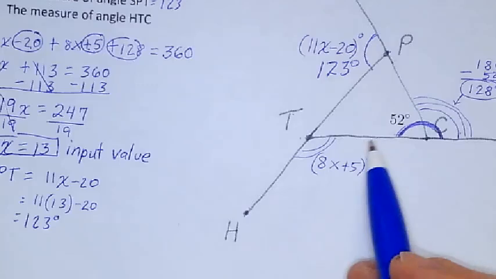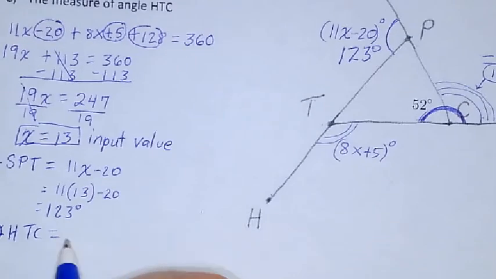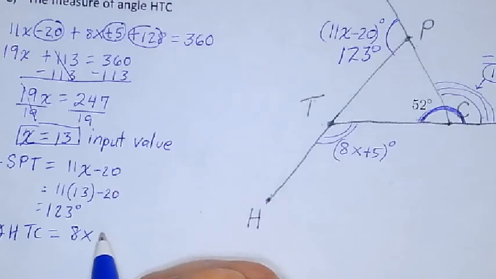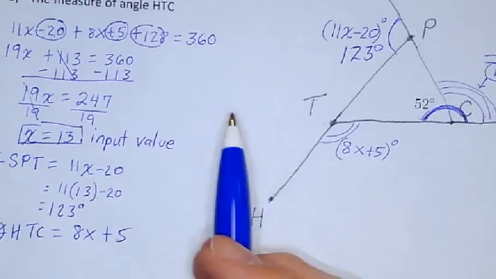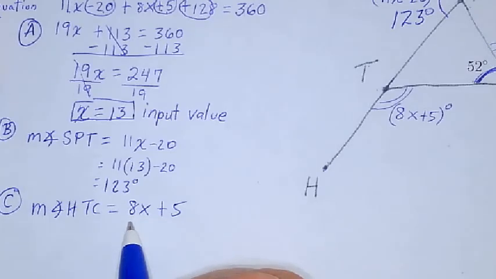And remember, for part C, the measure of angle HTC happens to equal 8x plus 5. Once again, you got an input value, plug it in right there. Substitute the x with 13, so you get 8 times 13 plus 5.